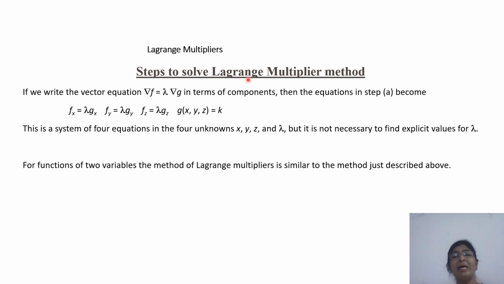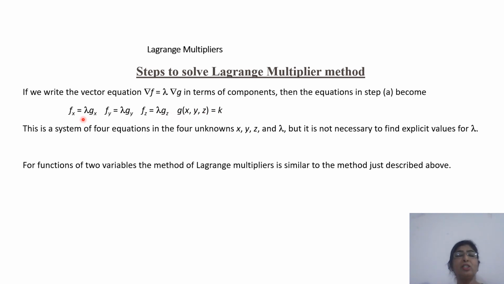Steps to solve the Lagrange multiplier method. So in step one we have del f = lambda del g. In component form this becomes f_x = lambda g_x, f_y = lambda g_y, f_z = lambda g_z, and g(x,y,z) = k.